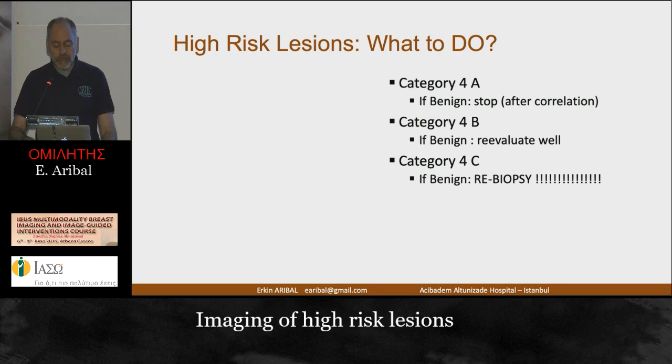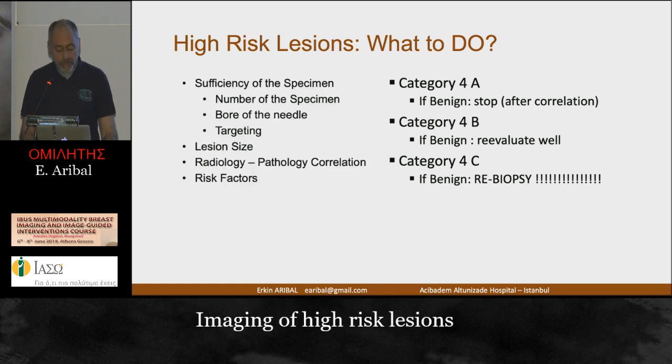So what do we do? If it's a category 4A lesion and there is a correlation and there is no atypia, you can stop. But if it's a category 4B or 4C lesion, you must be cautious and re-evaluate very well. If it's a 4C lesion, if it looks like malignant on the imaging, you should re-biopsy.